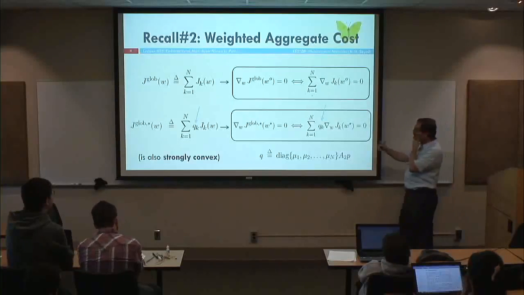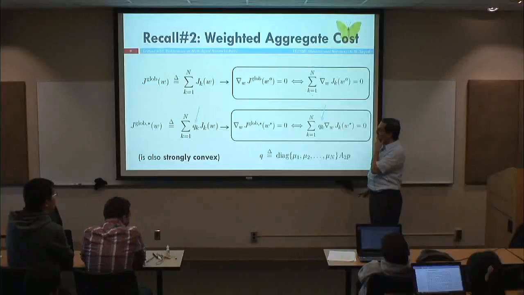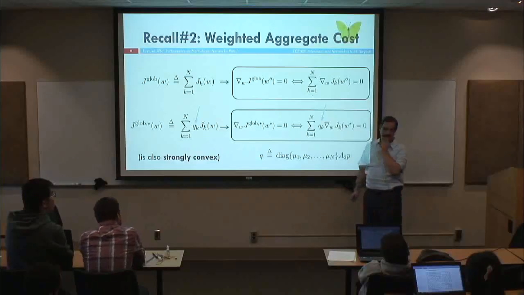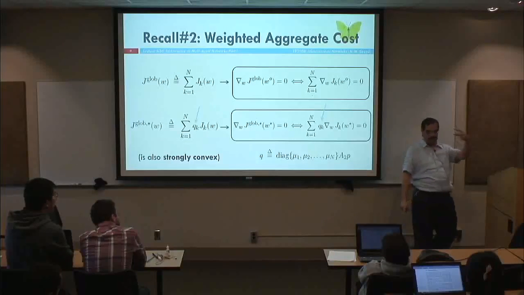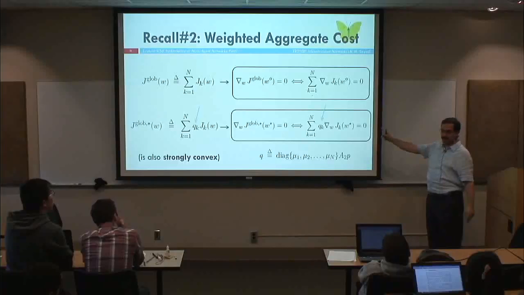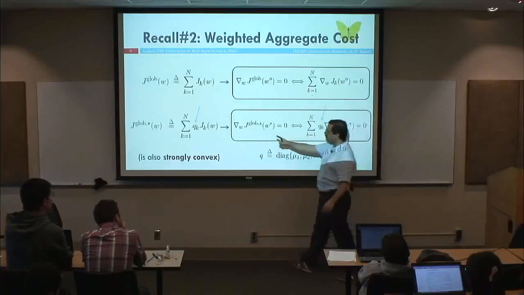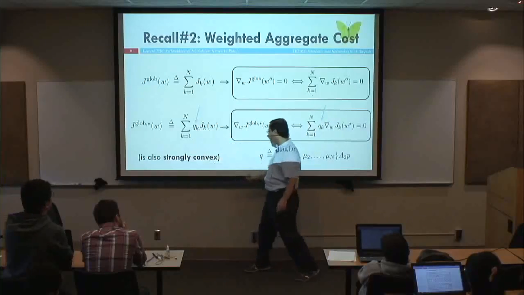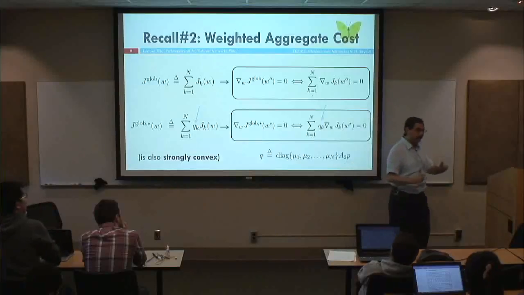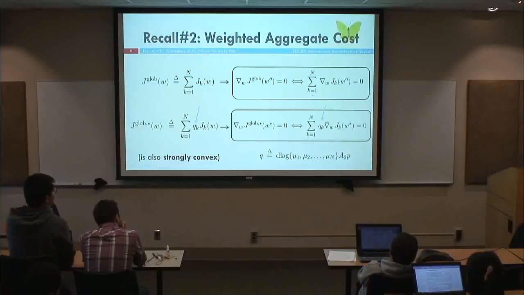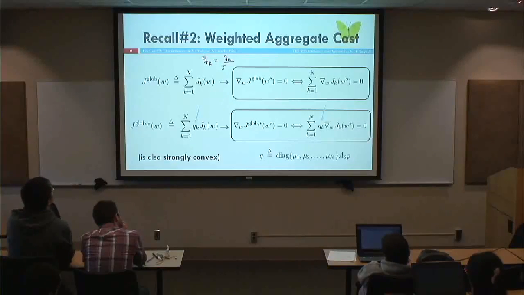Remember that when I introduced the weighted cost, I introduced it in two forms. One was this form, where I said, let's use weights, the Q's that come from here. In another form, I said, let's take these Q's and redefine them, normalize them: take the Q's and divide them by the sum of the Q's. Remember, those Q's are positive numbers, and you have n of them.